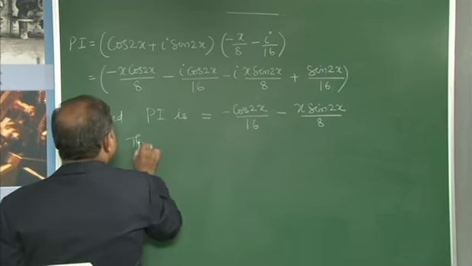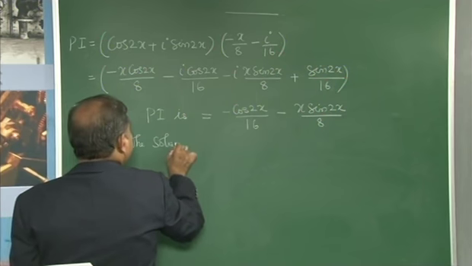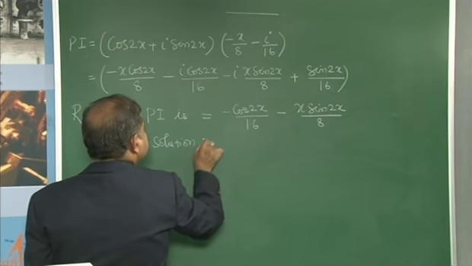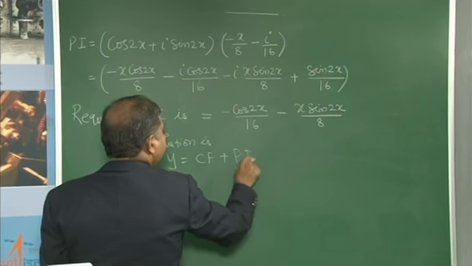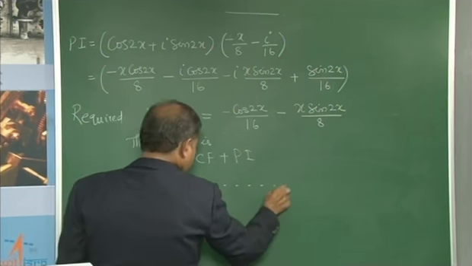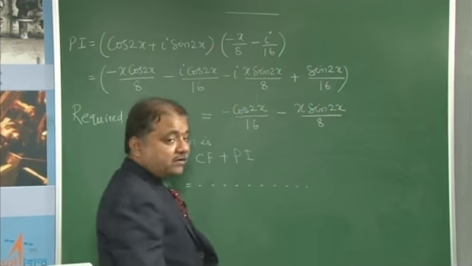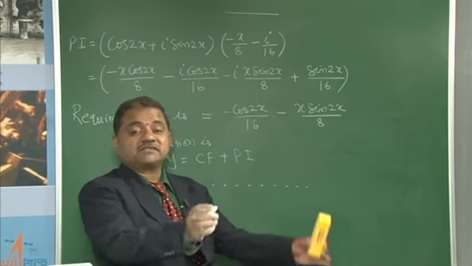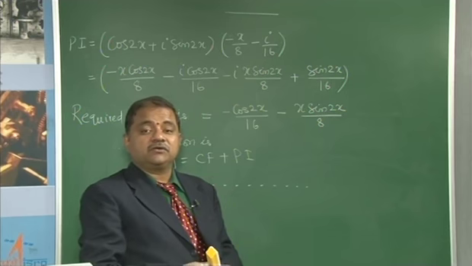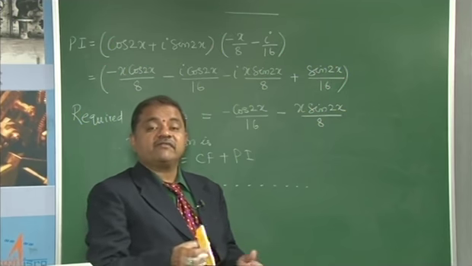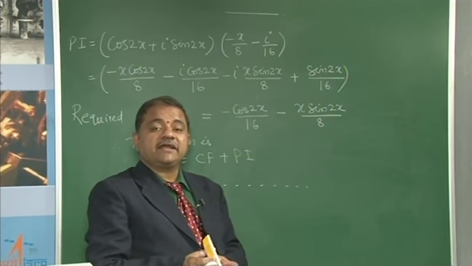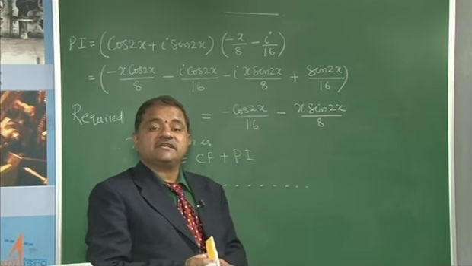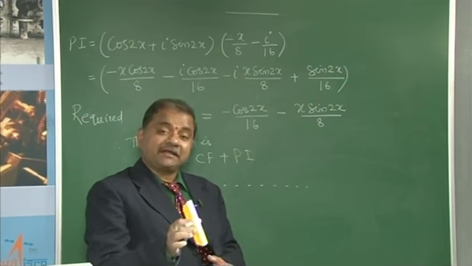Therefore, the solution is y is equal to CF plus PI. See how simplifications are there, not difficult, I do not say it is difficult, simplifications are more. First, again either sin or cos is represented as e power ibx, apply type 4.